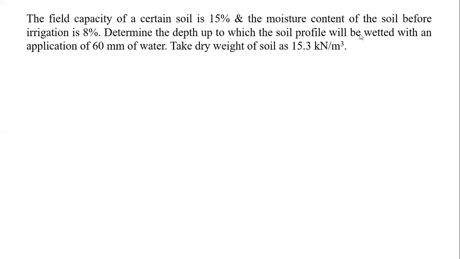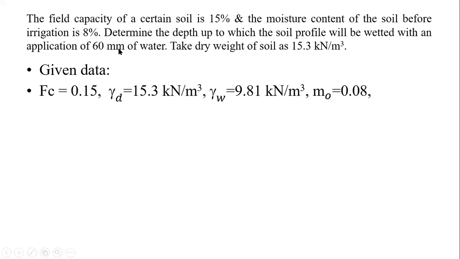We will start the solution part. Firstly, we will go for the given data. So from this example, the given data is the field capacity is 15%, that is 0.15. Then dry unit weight, or the specific weight of soil in dry condition, is given as 15.3 kilonewton per meter cube, that is gamma D I have mentioned here.